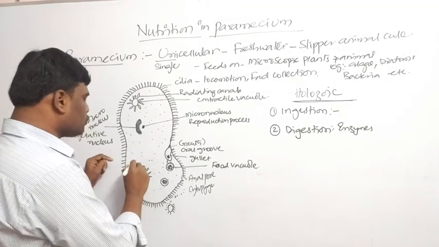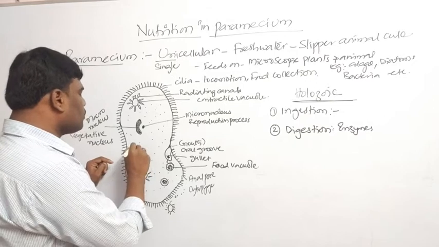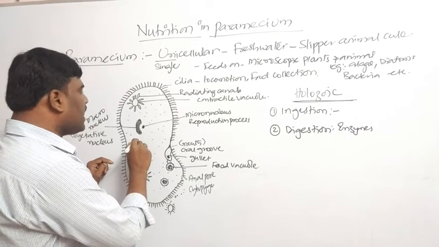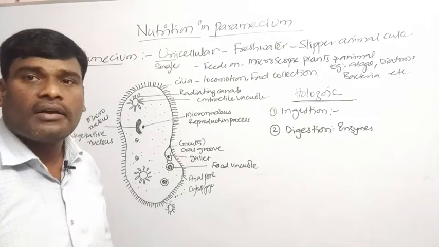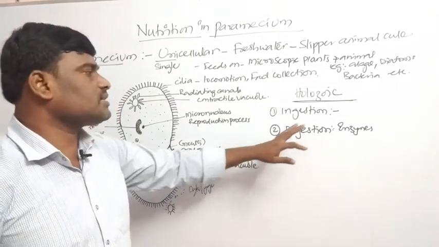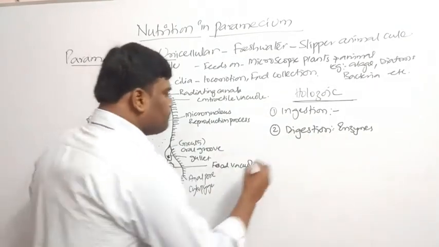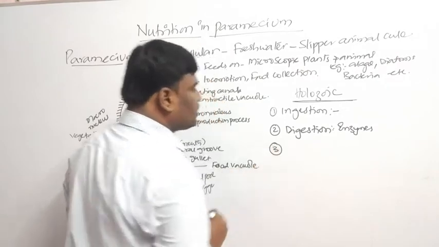As it moves through the cytoplasm, the size of the vacuole becomes smaller and smaller. And this is called digestion. Digestion happens because of the action of enzymes.